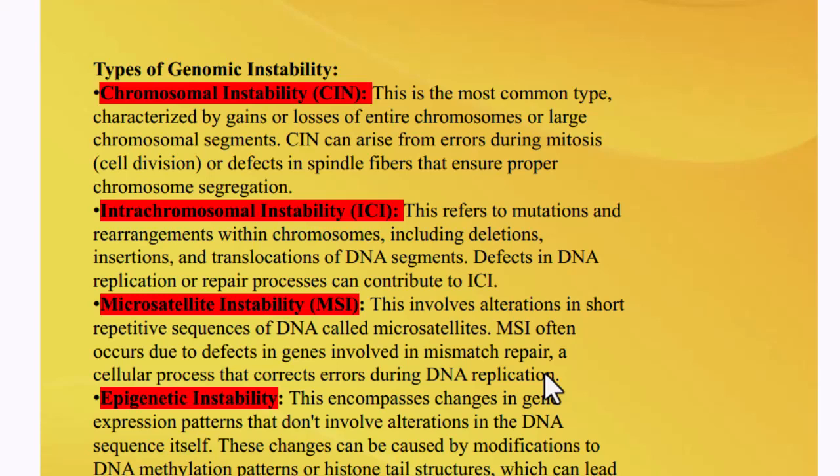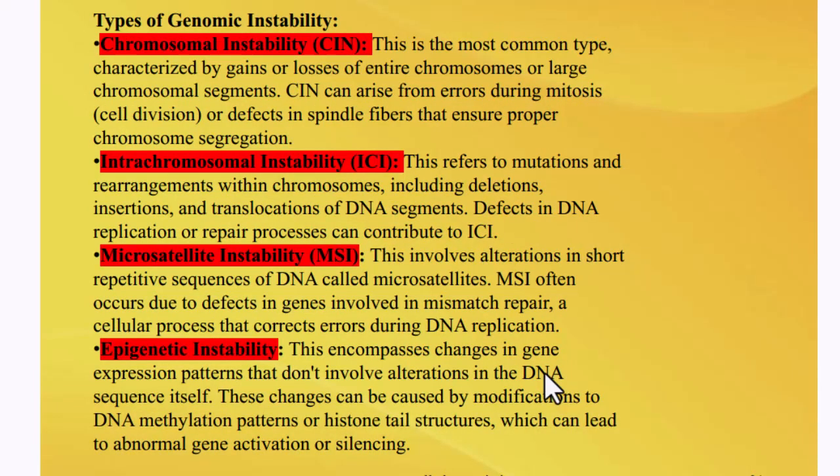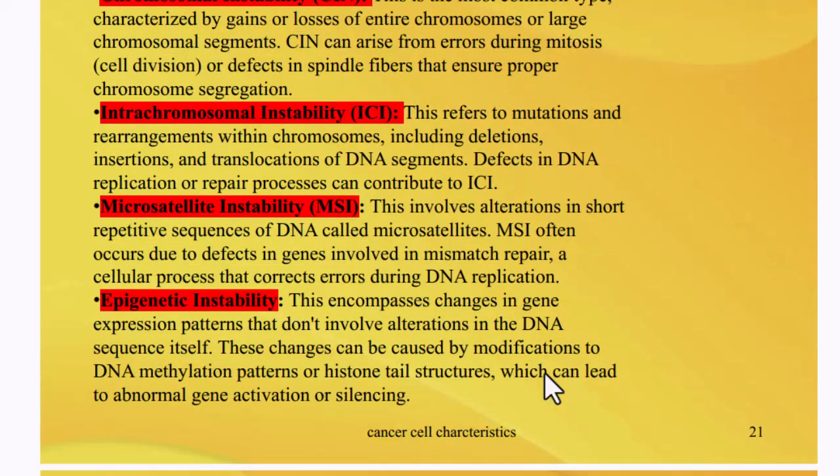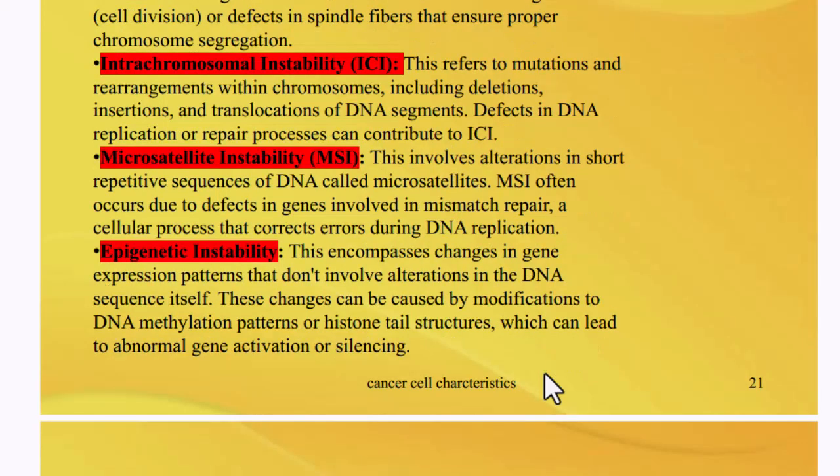This involves alterations in short repetitive sequences called microsatellites. Epigenetic instability. This encompasses changes in gene expression patterns that don't involve alteration in the DNA sequence itself. These changes can be caused by modifications to DNA methylation patterns or histone tail structure, which can lead to abnormal gene activation or silencing.